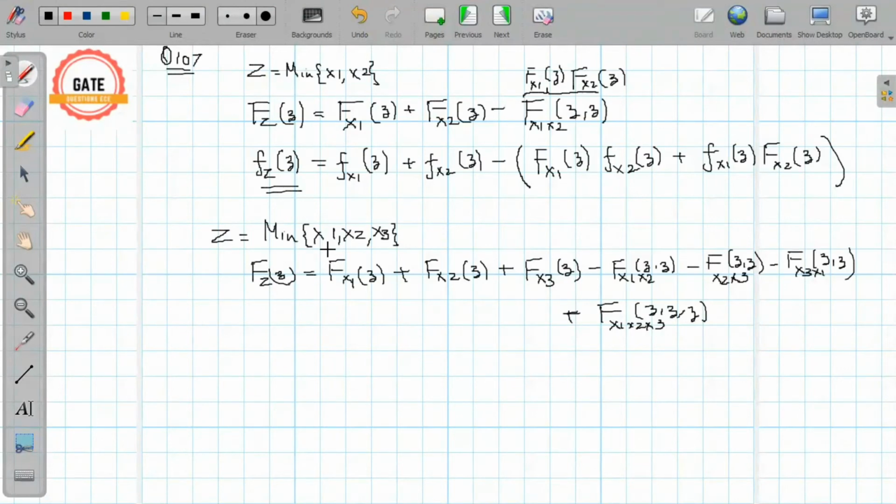Moreover, if it is given that x1, x2, x3 are mutually independent, then we can write that these joint CDFs will be the product of marginal CDFs of x1, x2, x3.